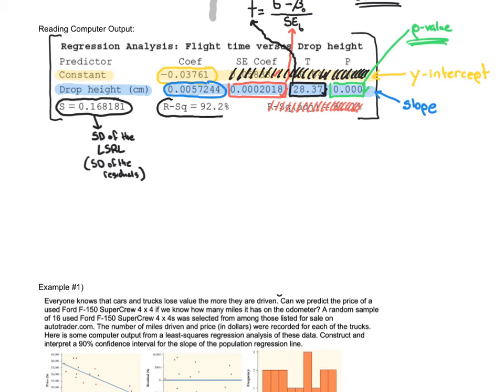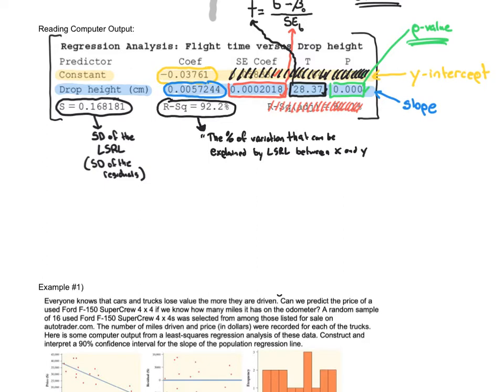And then here's the r squared value. Remember that the r squared value has kind of a statement that goes with it, so you probably want to remember that statement. It is the percent of variation that can be explained by the least squares regression line between x and y, the explanatory and the response variables.